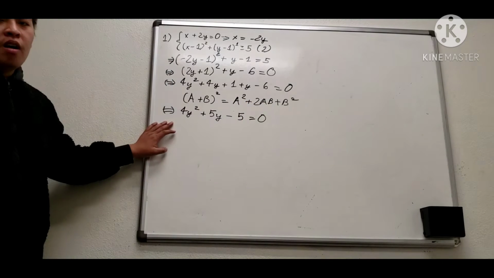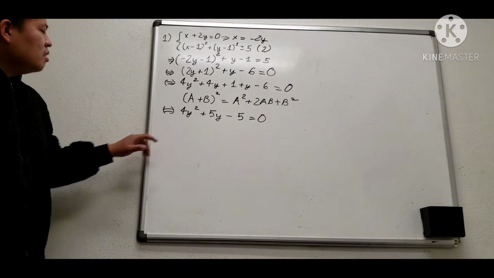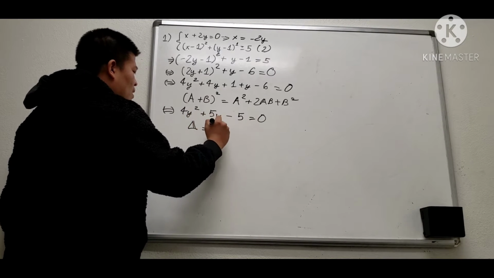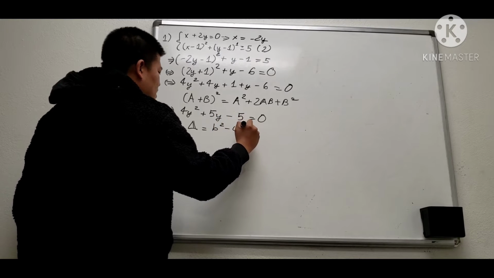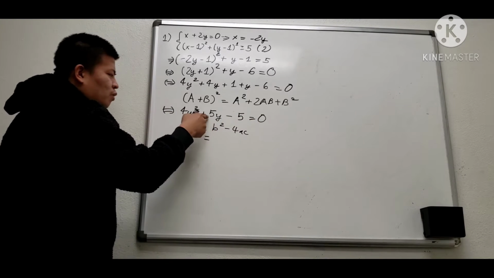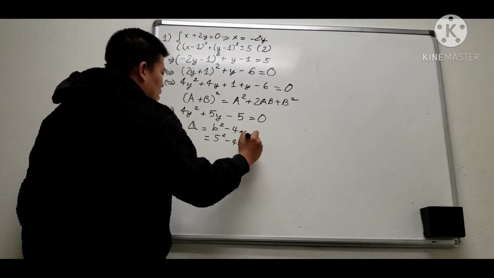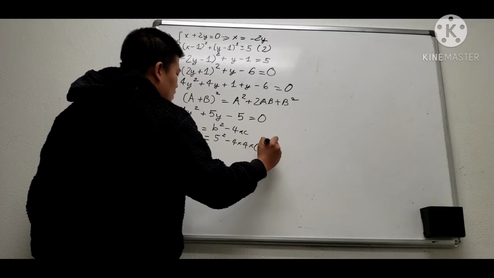So now you have a quadratic equation. To find the answer, we have b power 2 minus 4ac. b power 2 is 5 power 2 minus 4 multiplied with 4 multiplied with minus 5.